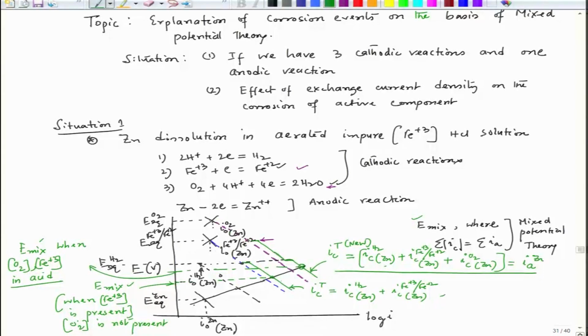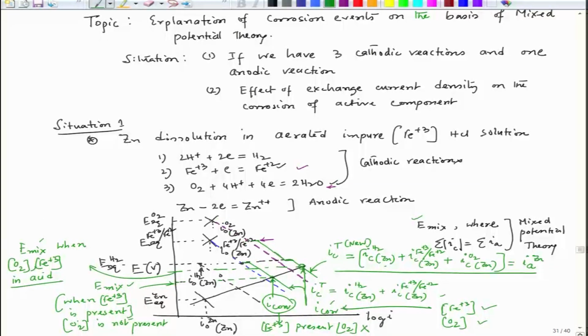Now, we see that as the number of reduction reactions increases, the corrosion rate increases. This is I corr and this is I corr prime. So, I corr corresponds to the situation when Fe plus 3 is present and O2 is not present, but in this case Fe plus 3 is present and O2 is present.